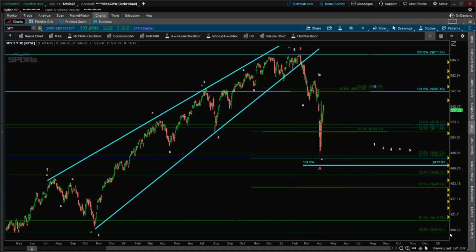And then you have your C wave, which should be a larger crash. It could be symmetrical, where it's 100% of the A wave down to B, down to C. But when things get rough, usually that C wave hits the 162% extension, and it's just really, really large and extreme.